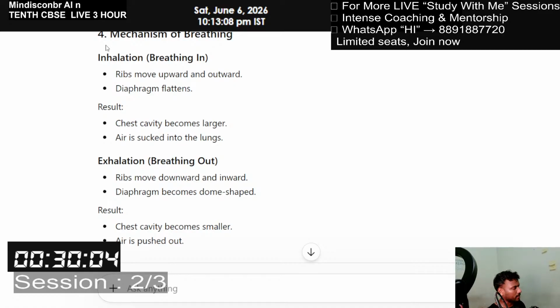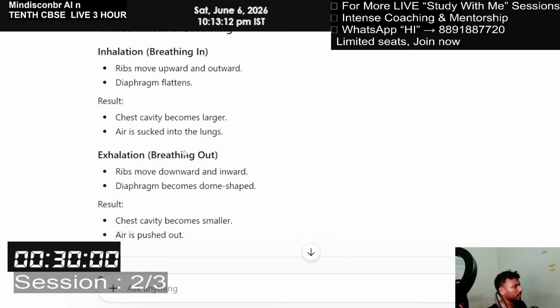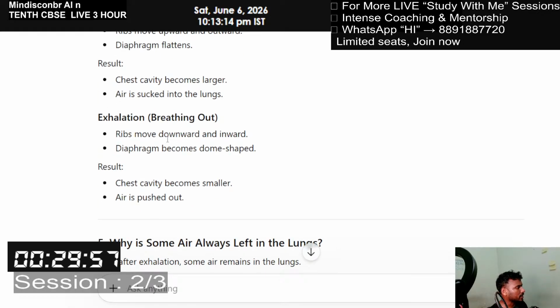Result: chest cavity becomes larger. Air is sucked into the lungs. And in the case of exhalation, the ribs move downward and also inward. The diaphragm becomes dome shaped. Result: chest cavity becomes smaller, air is pushed out.